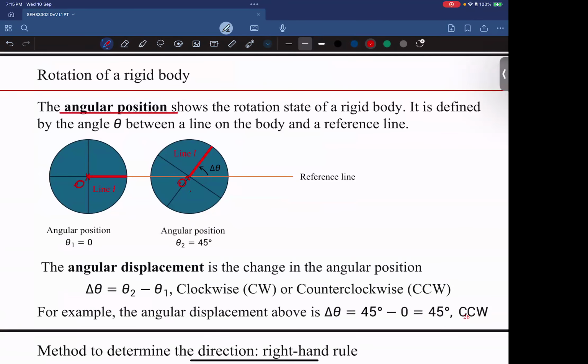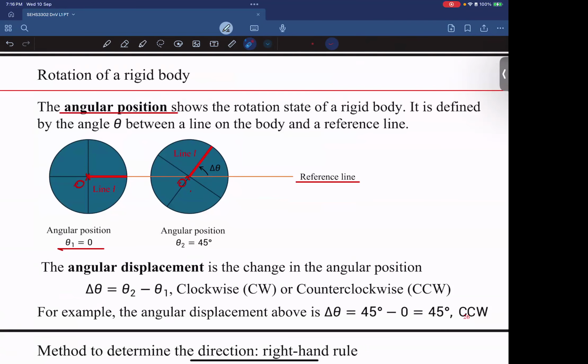And we have a reference line. We take it horizontal, okay? And let this wheel have an initial position, taking theta 1 is 0. Theta 1 is the angle between this red line and the reference line. So as these two lines overlap, theta 1 is 0.